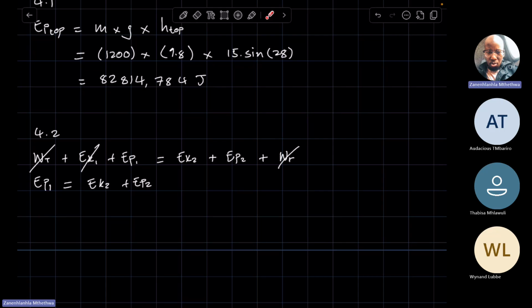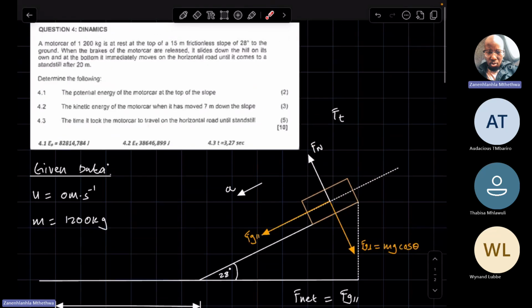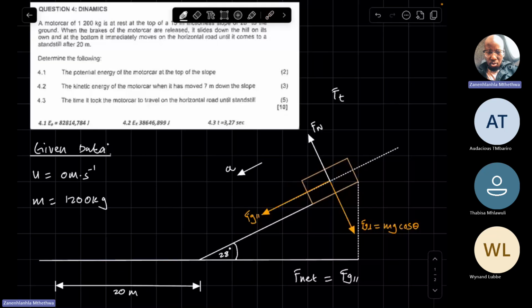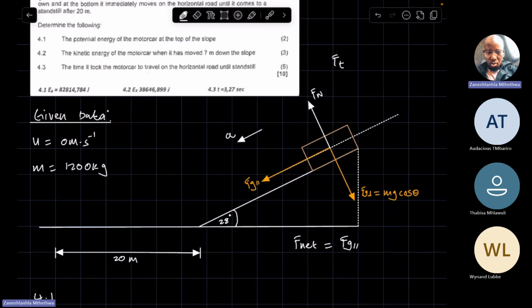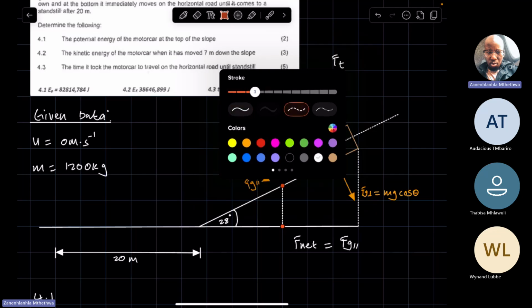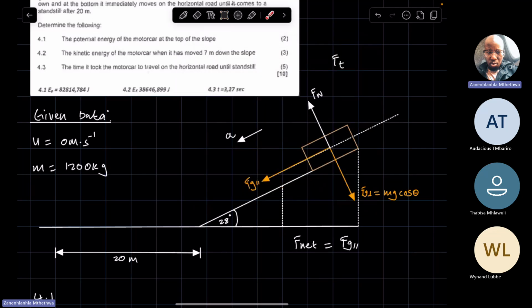We already know what determines potential energy: it is the height h. So we need to establish what this h is equal to.